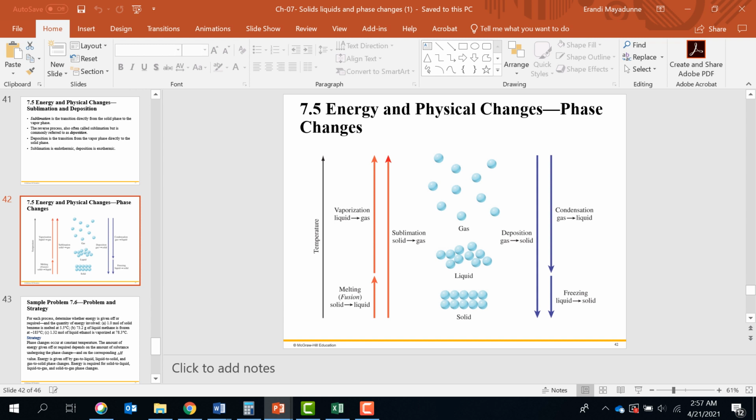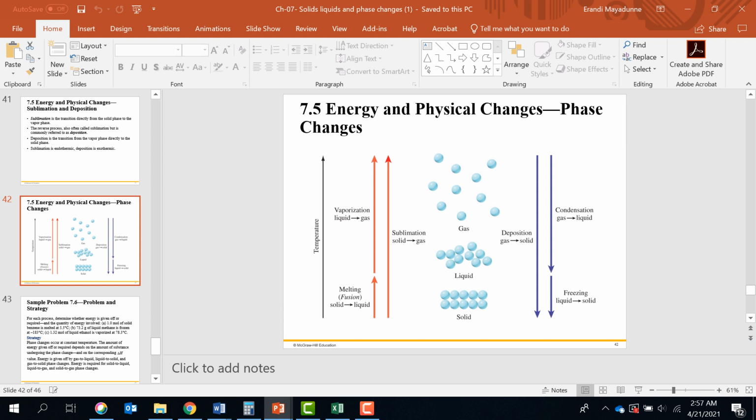Go down, gas becoming liquid. It is called condensation. Condensation is gas becoming liquid, and then liquid becoming solid. When the liquid becomes solid, it releases energy, right?